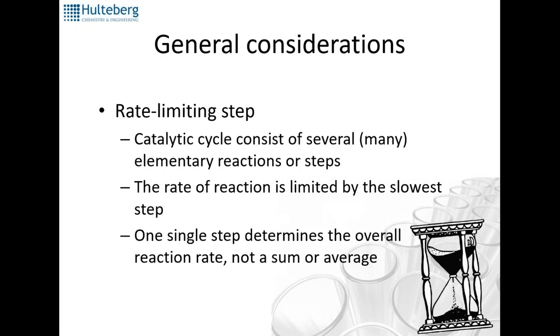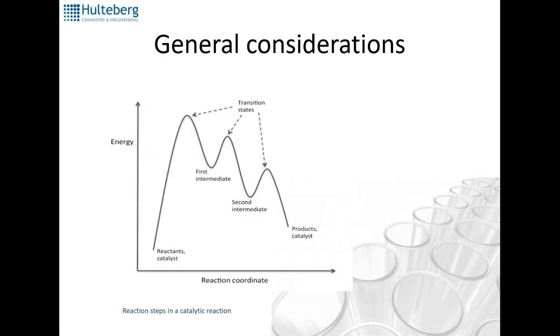So it's more like an hourglass, one constraint that controls the flow, and it's not a sum or an average of all of these reactions. So if you express it differently, you have all these different reactions and activation energies, but it's only the highest one that determines the actual reaction rate.